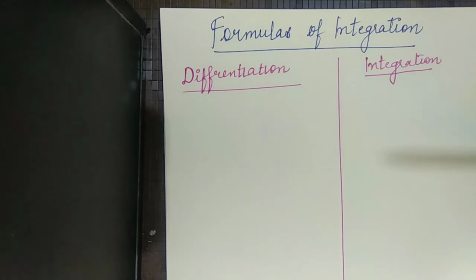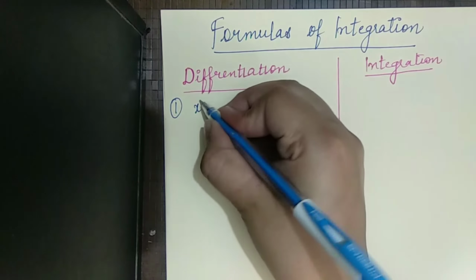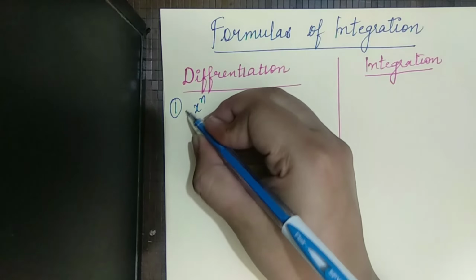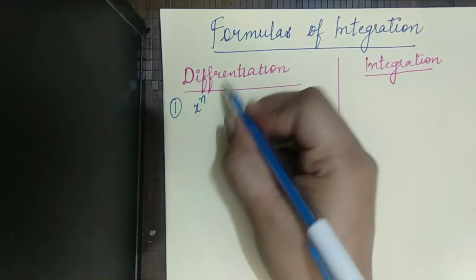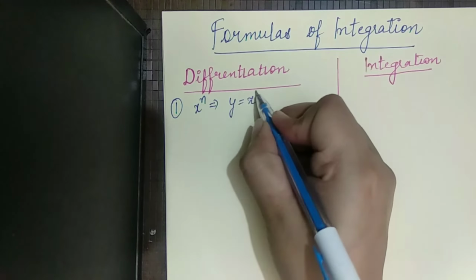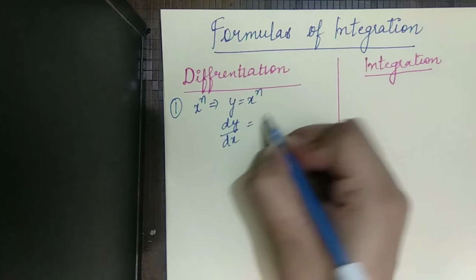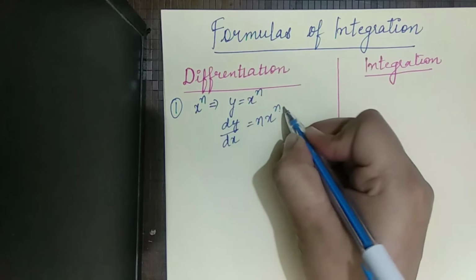Let's say the first formula is x raised to power n. For this, we have taken y equals x raised to power n. So what would be dy by dx? It was n x raised to power n minus 1.